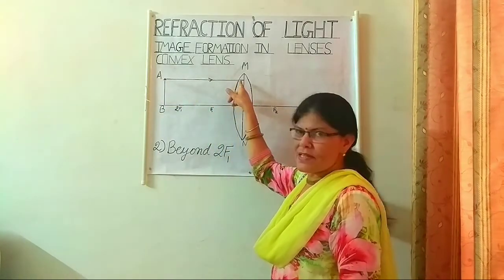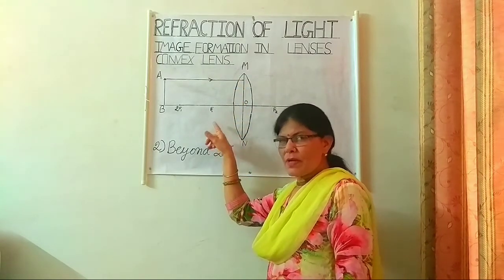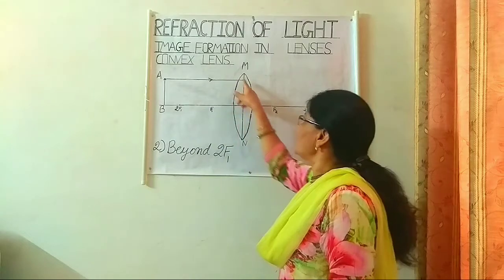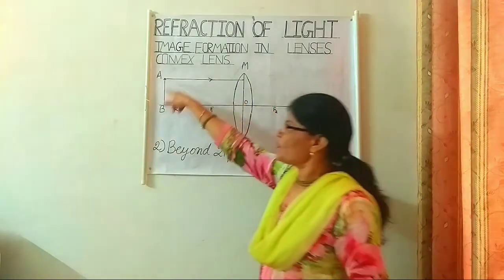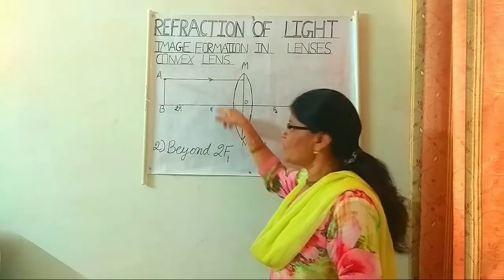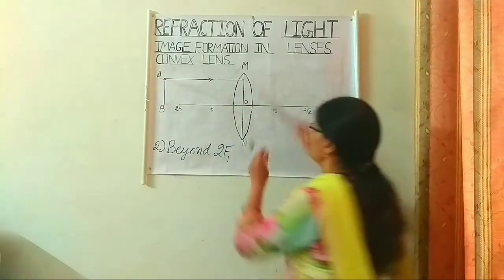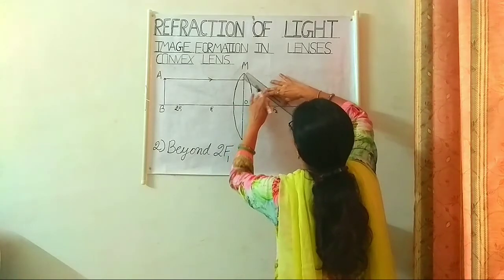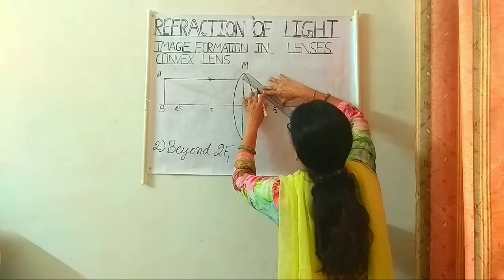According to our first rule, when an incident ray from the object comes parallel to the principal axis, the refracted ray will pass through the principal focus. So let us draw this refracted ray which will pass through the principal focus.